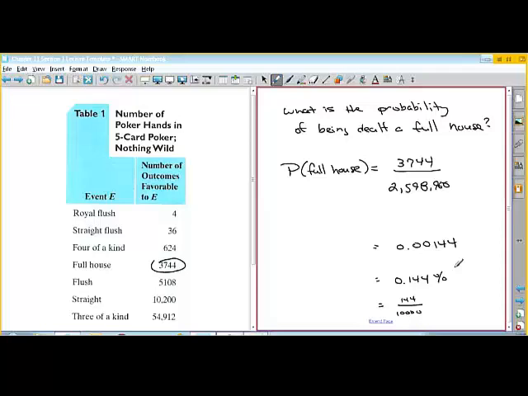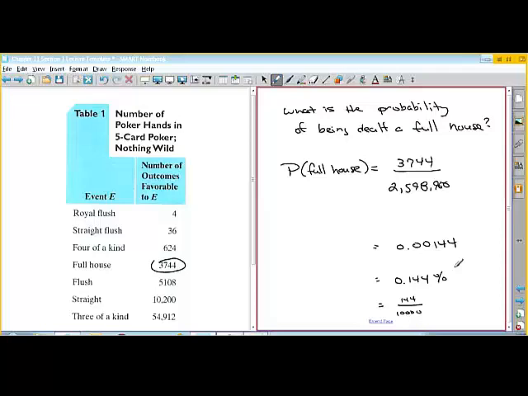So what that's saying is that if you were dealt 10,000 hands of poker, 144 of those would be full houses. It doesn't happen very often. If you were dealt 1,000, you would get 14 hands.